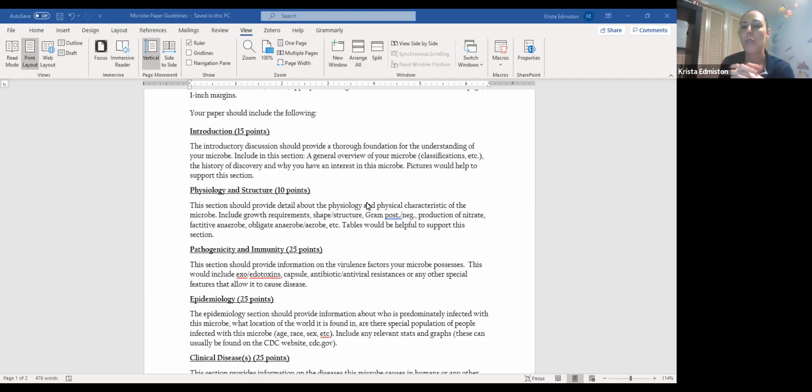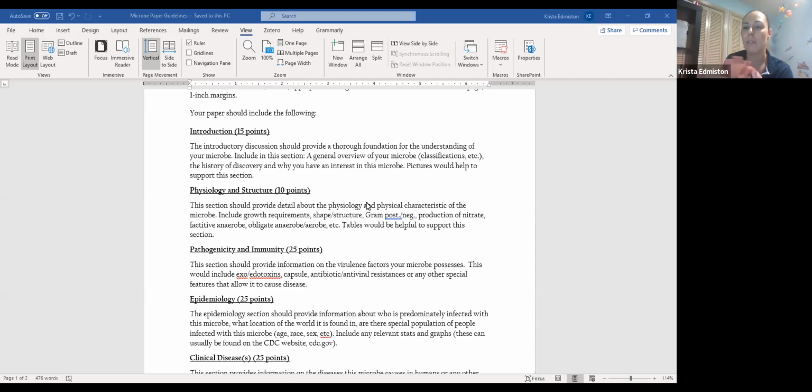This should include any of that taxonomy information that I talked about last time, about what class it's in. This will be different depending if you picked a bacteria, a fungal, eukaryotic organism, or if you picked a virus. Because virus particles are classified a little bit differently than bacteria and eukaryotes, you'll have different type of information than if you were picking a bacteria or fungal infection. So just keep that in mind.